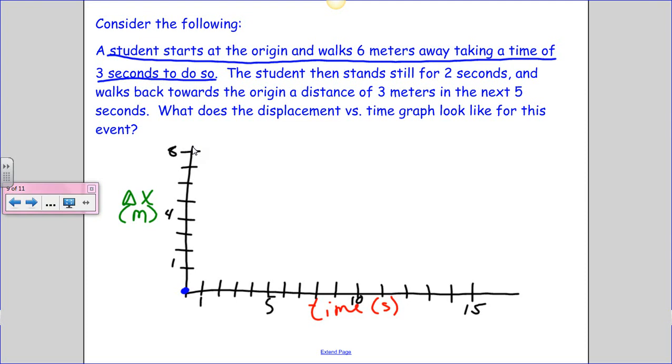The second piece of information is that the student walks 6 meters away. So the student will end up 1, 2, 3, 4, 5, 6, this height away. However, it took 3 seconds for that student to get there. So we count on the seconds, 1, 2, 3. And we find the meeting point of these two, which is right there.